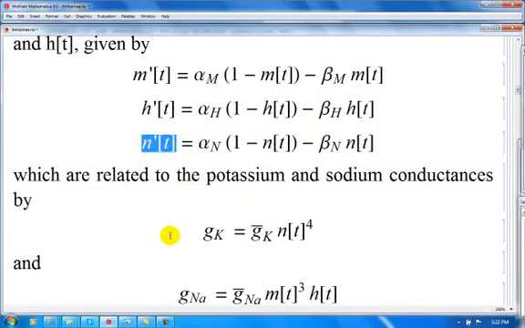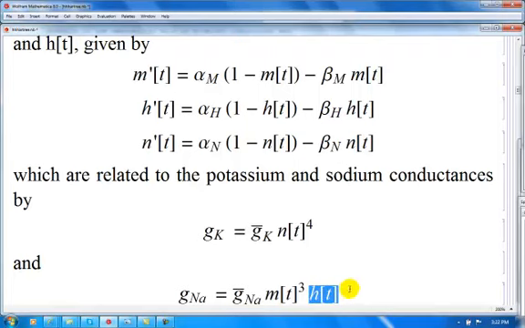And they're related to the potassium and sodium conductances, namely g_K for potassium is equal to a constant, g_K, times the value of n(t) to the fourth. And g_Na is equal to a constant times m cubed and h of t.